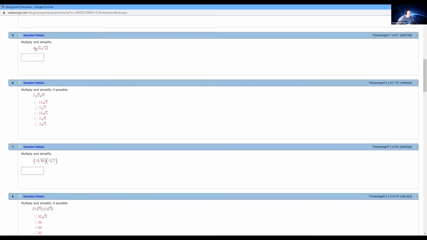That 8 will just have to live for a little while, but won't you go 6 times 12 and get 72? So it would be 8 times the square root of 72. And then you simplify the square root of 72. Okay, this is memory work. Square root of 72, how are you going to split that? Something times something gets you 72.